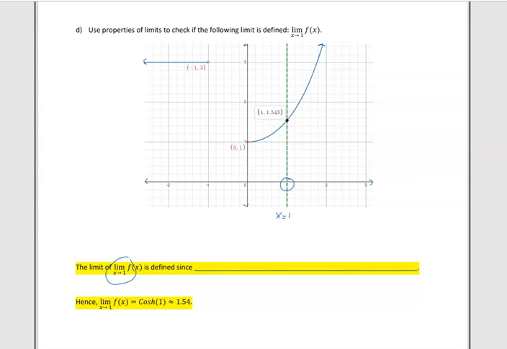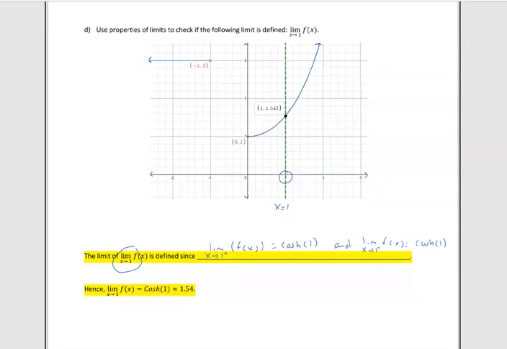So we said yes, the limit is defined, since the limit as x approaches 1 from the positives of f of x is equal to the cosh of 1. And technically, that is the same as you approach from the left. So the limit as x approaches 1 from the negatives of f of x is also equal to the cosh of 1.